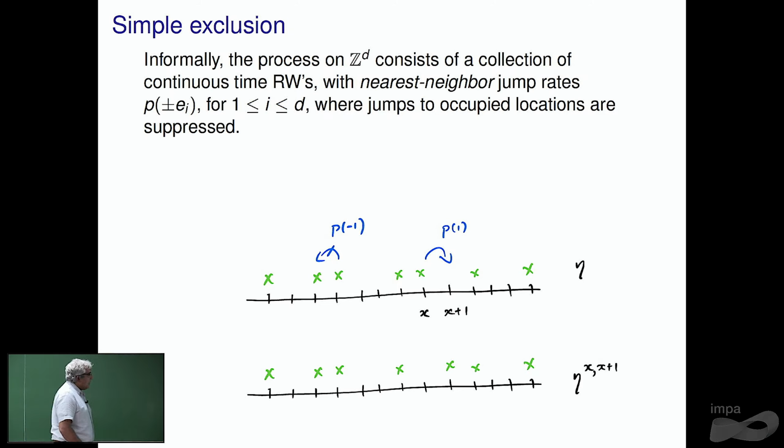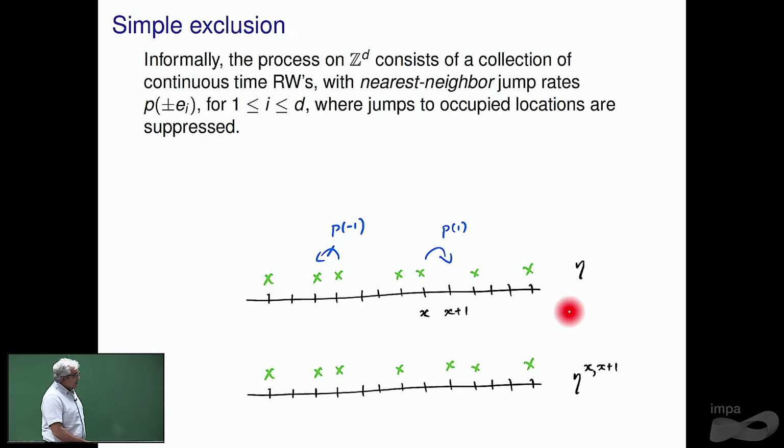Usually we look at the unlabeled evolution. We could color each particle and then try to follow, but if we're interested in mass distribution and things like that, then it makes sense just to look at whether a location is occupied or not. In that case, eta is the configuration which tells you which lattice points are occupied and which are not.